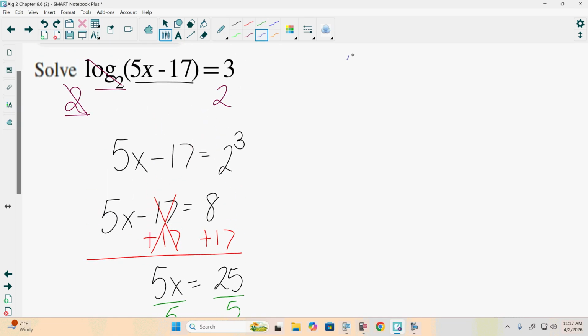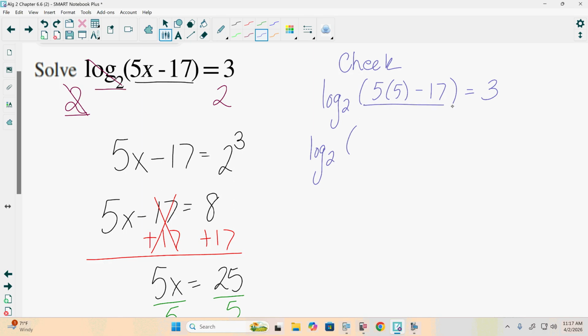So if we were to check this here, log base 2 of 5 times 5 minus 17 is equal to 3. Especially on the test, if you wanted to check this, you can type that entire left-hand side into the calculator and let it do it for us.